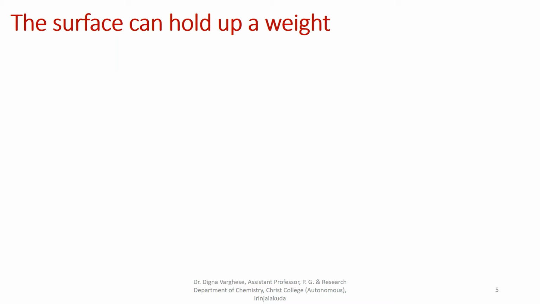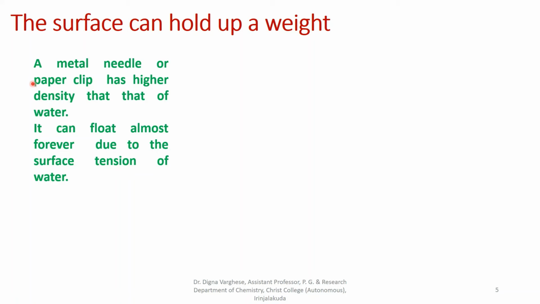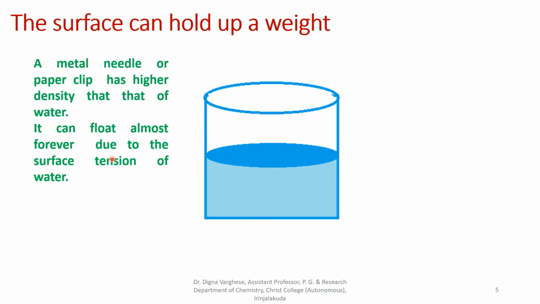The surface can hold up a weight. A metal needle or paperclip has higher density than that of water, but we know it can float almost forever. That is due to the surface tension of water. When we drop a needle into water carefully, otherwise it falls down to the bottom of the water.